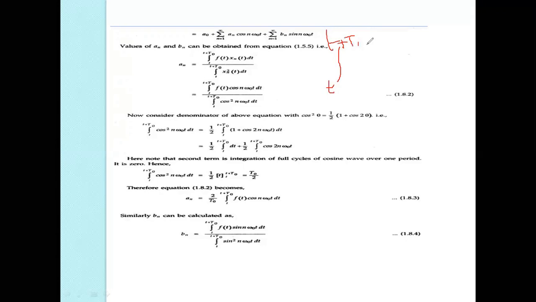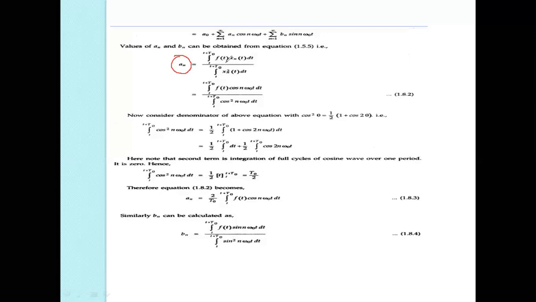Why? If t is equal to 0, t naught is 2 pi, which is a full cycle. In a full cycle, I have to represent this as integral t to t plus t naught f of t xn of t dt, and the denominator is also integral t to t plus t naught xn square of t dt. Okay, I'm changing cn to an to find the an values.